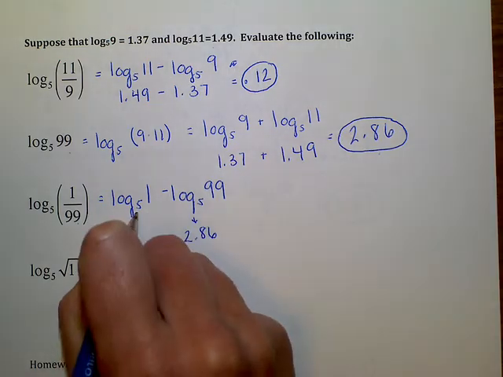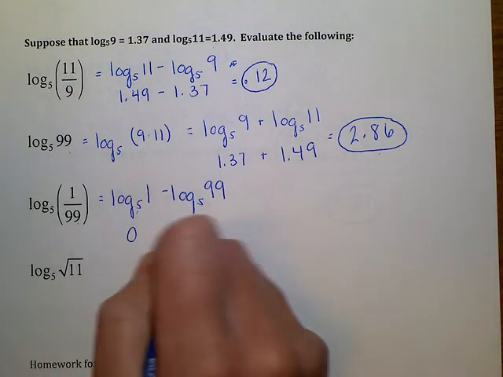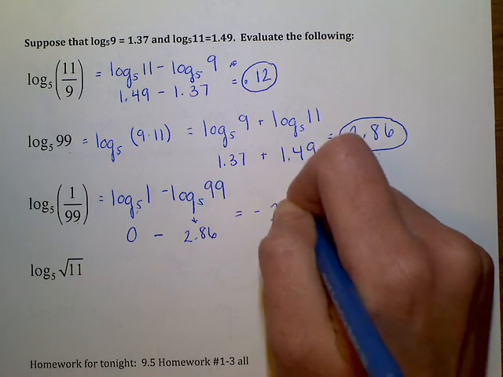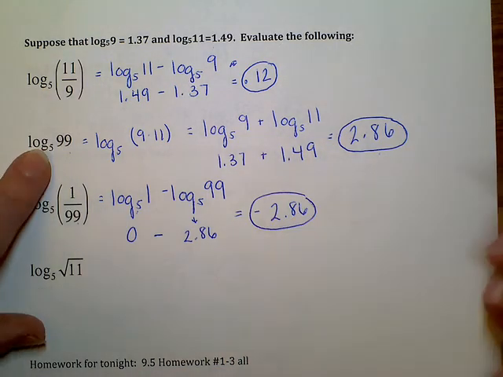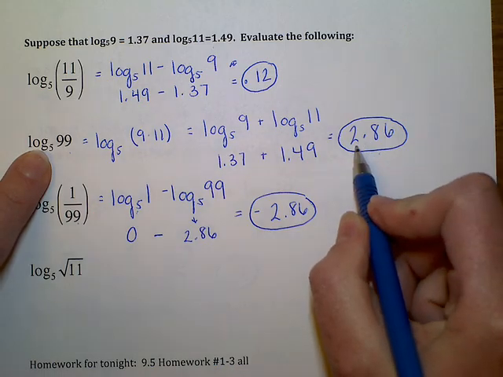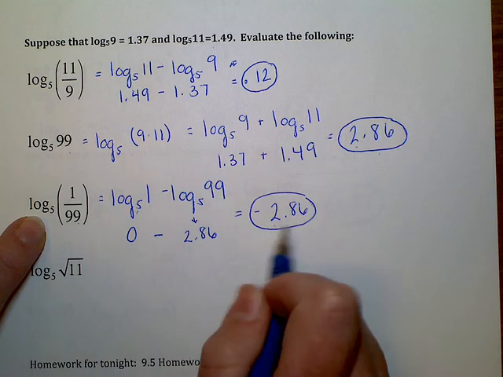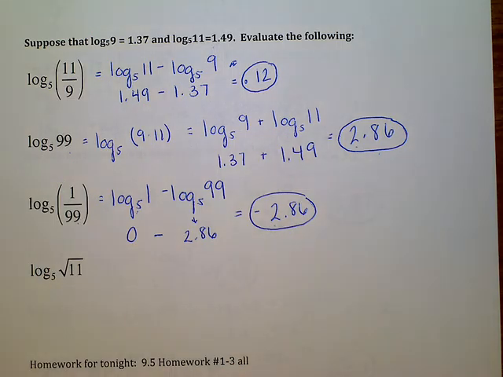What exponent do I put on 5 to get 1? Oh, that's a 0. 0 minus 2.86 is negative 2.86. And this should actually make a lot of sense. If 5 raised to the positive 2.86 gets you 99, then 5 raised to the negative 2.86 should get you the fraction 1 over 99, because we know negative exponents make things fractions.